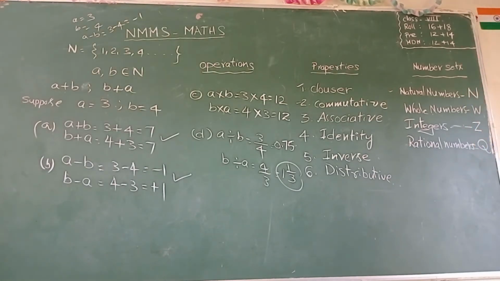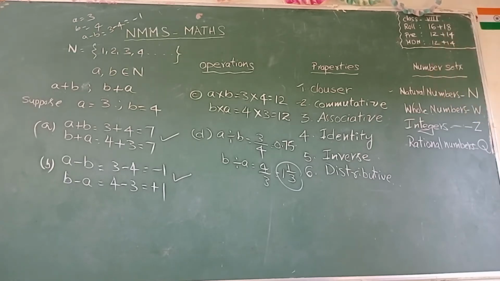Otherwise, it is not commutative. If you multiply 2 by 3, we get 6. Again you multiply 3 by 2, we also get 6. Those two answers are the same. So that's why multiplication is commutative in natural numbers.